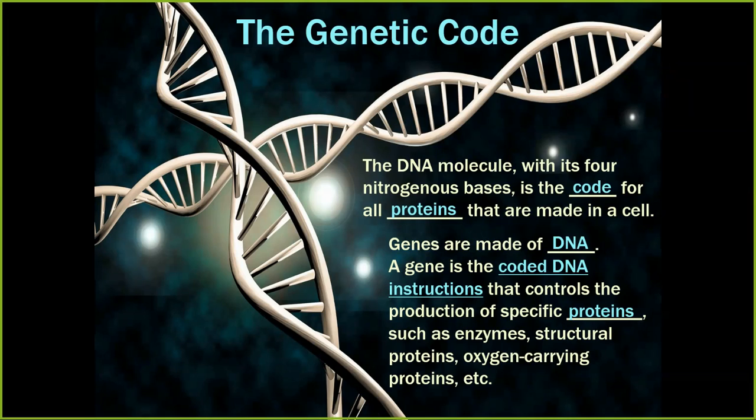So, genetic code. Again, we know that DNA's job is to store, copy, and then transmit, or make that information do some kind of work. So now we're trying to figure out, how does it do the work? We know that it stores it because of the sequence of the nucleotides.